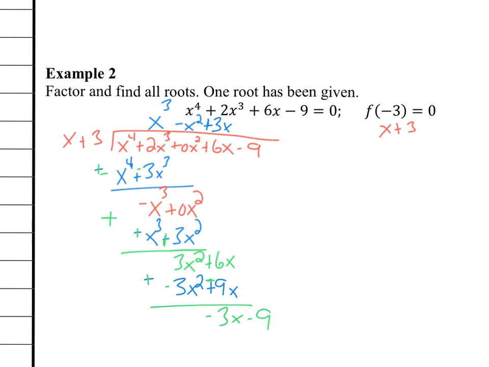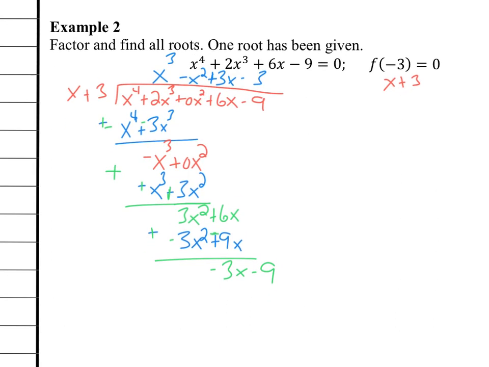And to get x to become negative 3x, we have to multiply the x times negative 3. That'll work. So that's going to give us negative 3x minus 9. Again, we don't like to subtract, so we add the opposite.